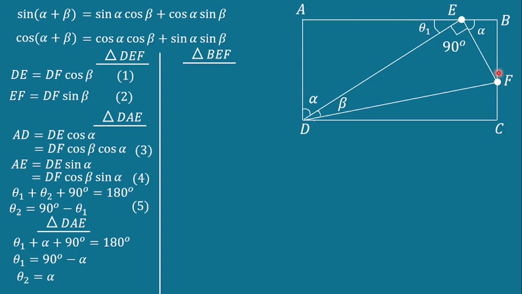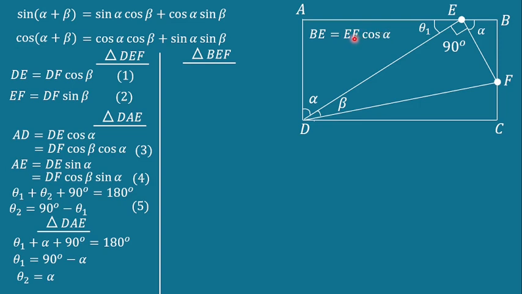I can express the base and perpendicular in terms of the hypotenuse EF and angle alpha: BE equals hypotenuse times cos of alpha.